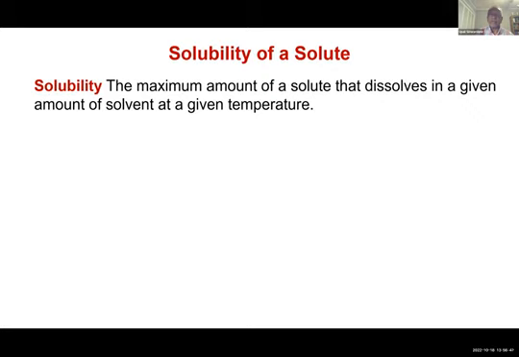For two different solutes, the amount that goes into solvent is different, therefore different solubilities at a given temperature. Solubility is a physical constant. You normally give it as how many grams of solute are dissolved in 100 grams of solvent.